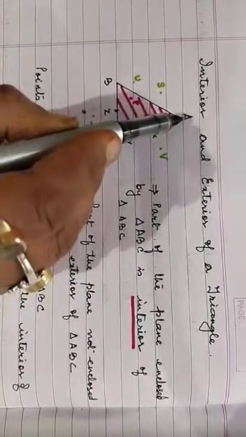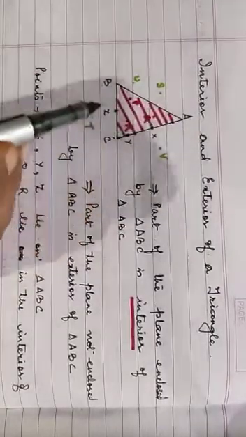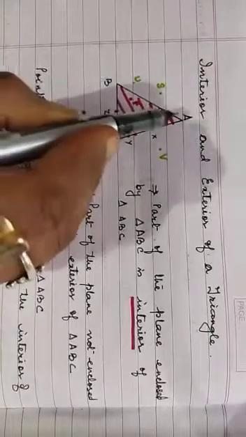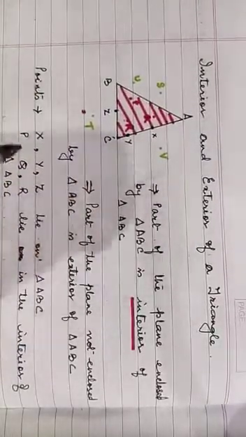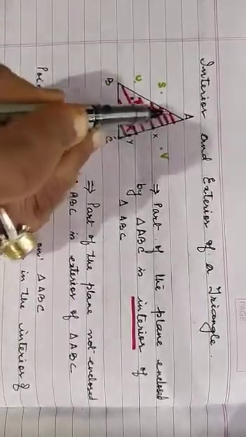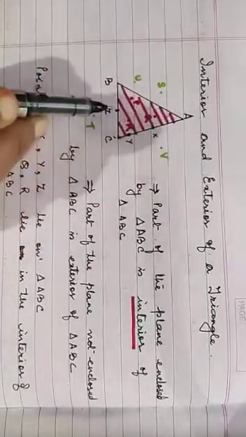Why ABC? Because this triangle is named as ABC. If it is named as PQR, it will be the interior of triangle PQR, or DEF, then it is the interior of triangle DEF. So what is the interior of the triangle? The part of the plane that is enclosed inside the triangle ABC.